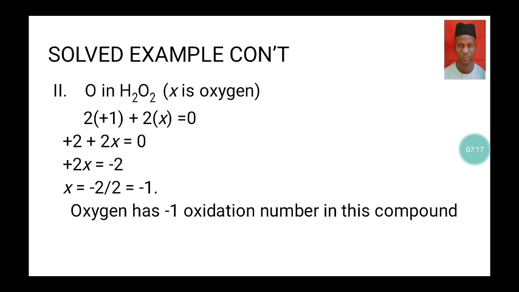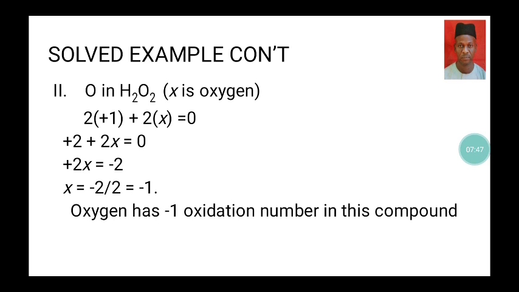Another one is when we solve for oxygen in hydrogen peroxide. In this case, we assume oxygen is x. So in hydrogen peroxide, hydrogen is 1. We have 2 of it, which is 2 times 1, plus oxygen, we have 2 here, which is 2x. We open the bracket: 2 plus 2x is equal to the total sum, which is 0.